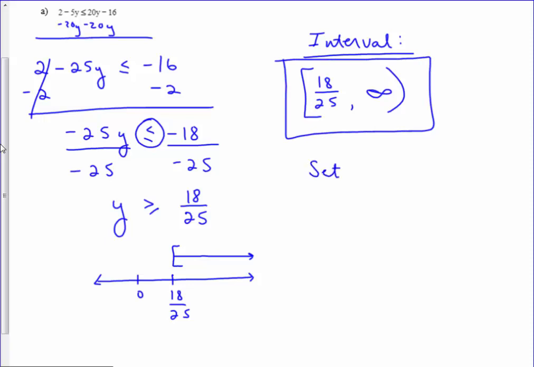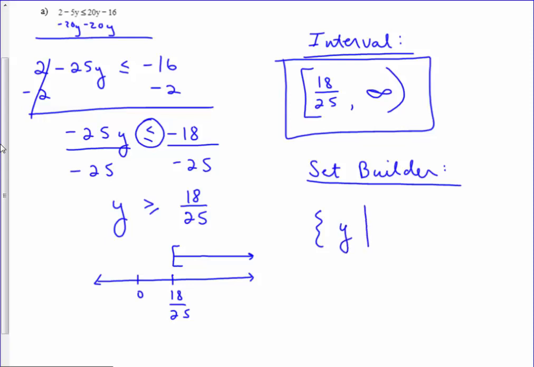Set builder notation is a more descriptive but lengthy way to denote our answer. We would start with a curly brace. You would then describe what variable is in the problem, in this case y.